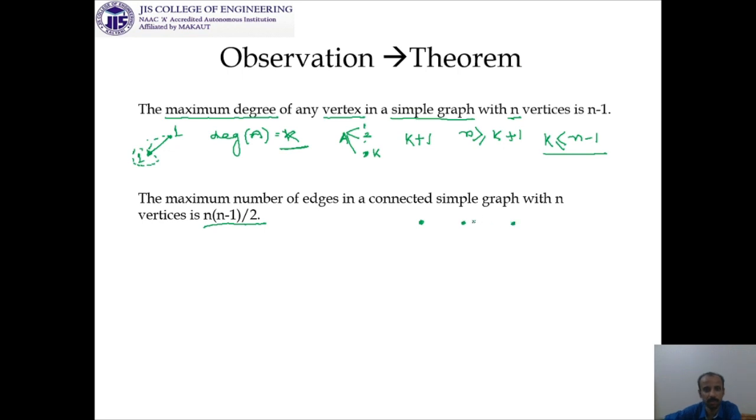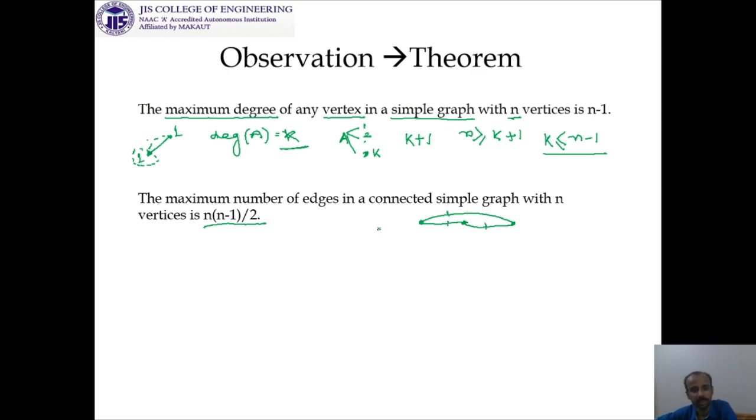If there are n vertices, then it has to be simple. So it can be connected, it can be connected, it can be connected. But more than this you can't do, because if you want to do something more for this graph, it will not remain simple. Clear?